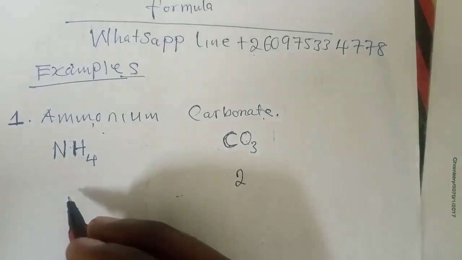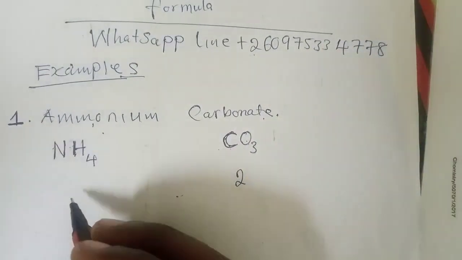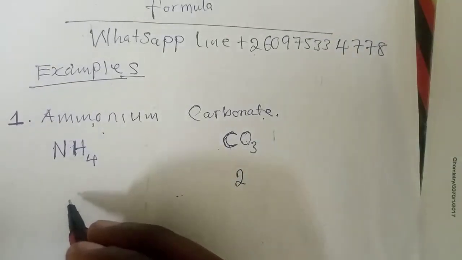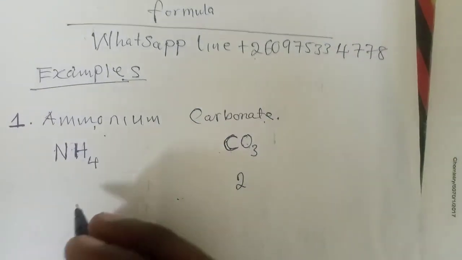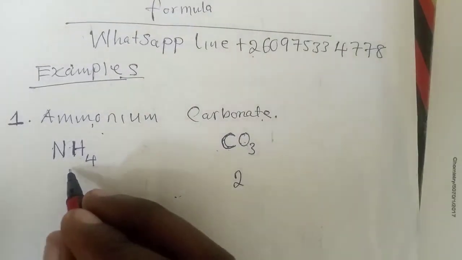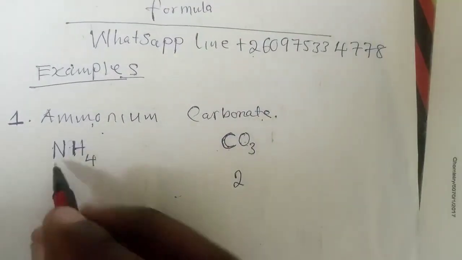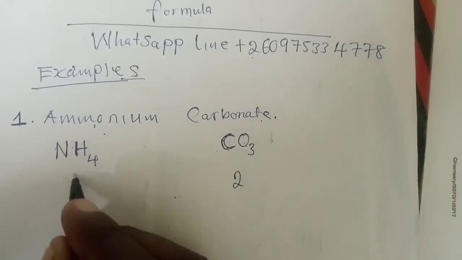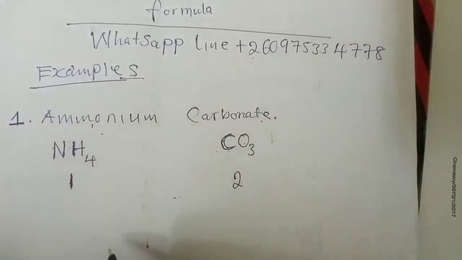They will never give it to you on a periodic table, and you never find it in a paper or anywhere, but it has to go with you in your head. You need to know it by heart. The valence number for ammonium is 1.